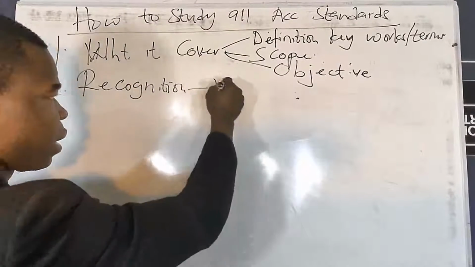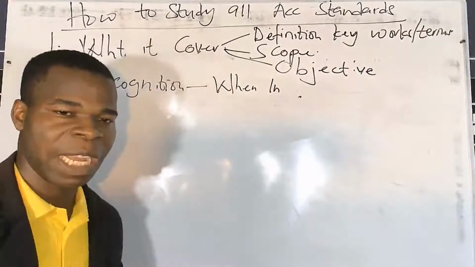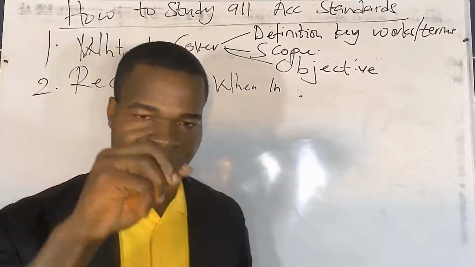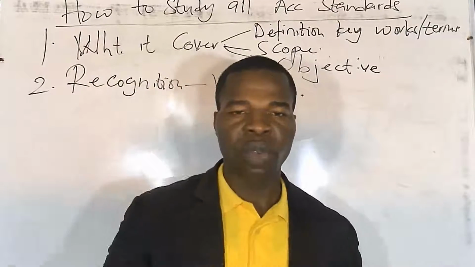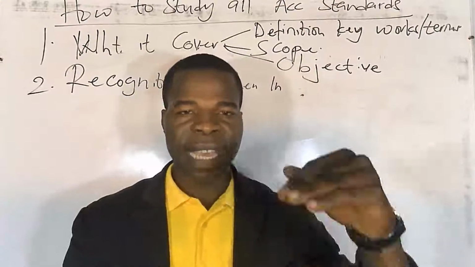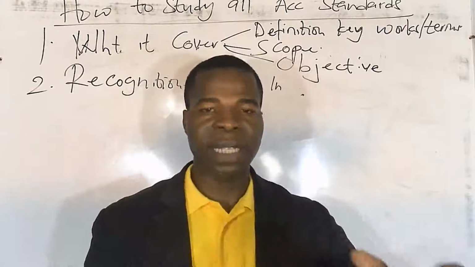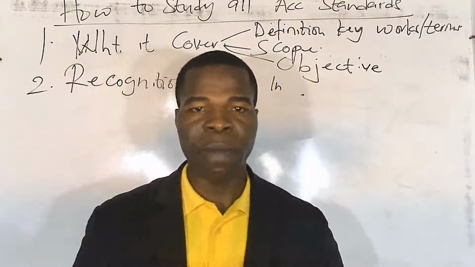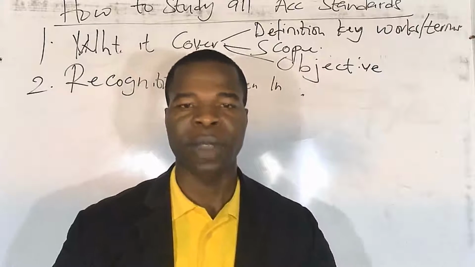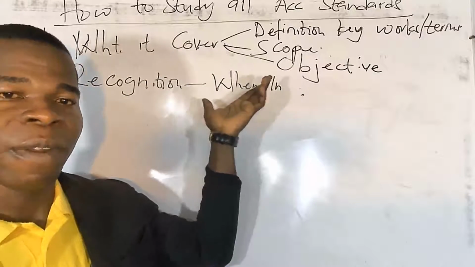Recognition is basically when should we capture that particular item in the books of the entity? Should that item meet certain criteria before we include it in the books of the entity? Here we are supposed to look at that. And it's very, very important.